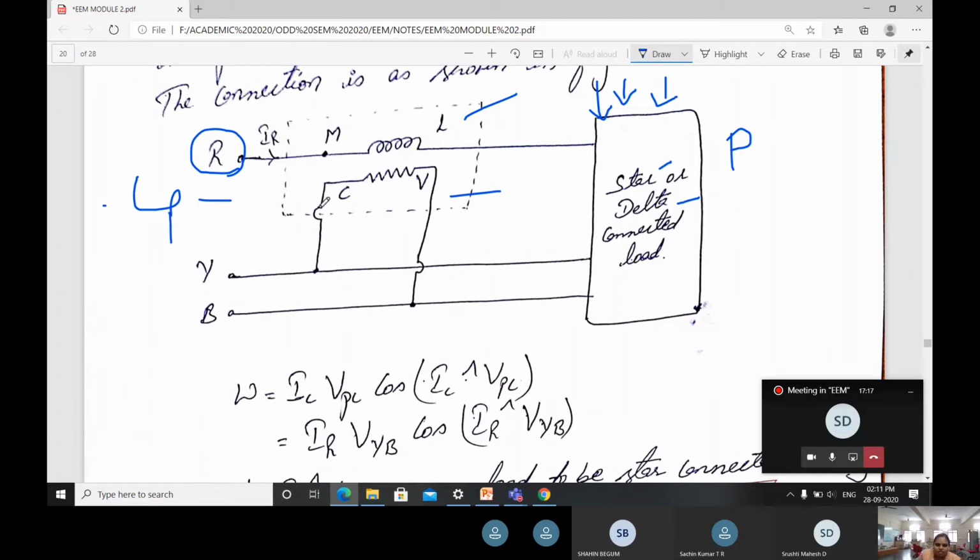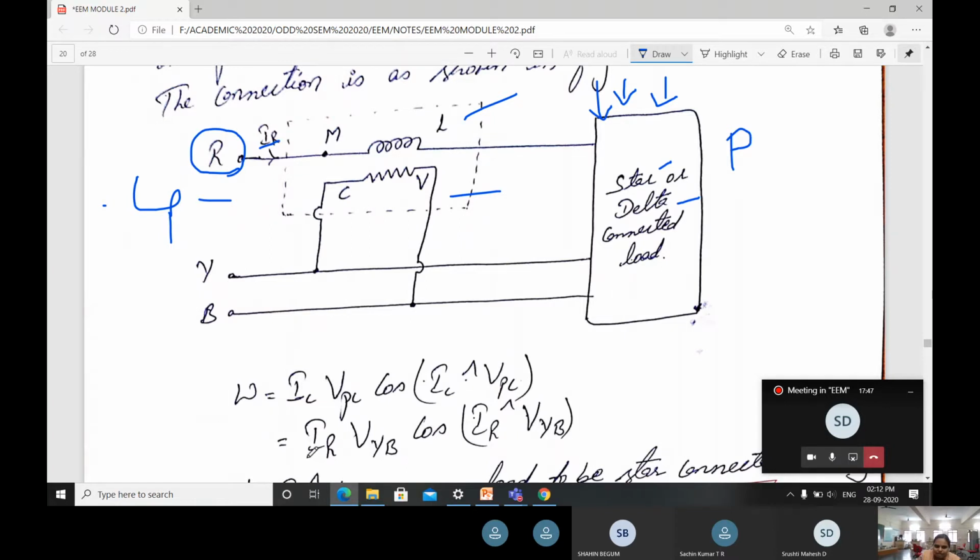What is the power? Here it is taken as W, that is the wattmeter reading. W equals current into voltage, that is IC VPC cos of the angle between IC and VPC. Here IC is the current coil current. What current is flowing here?